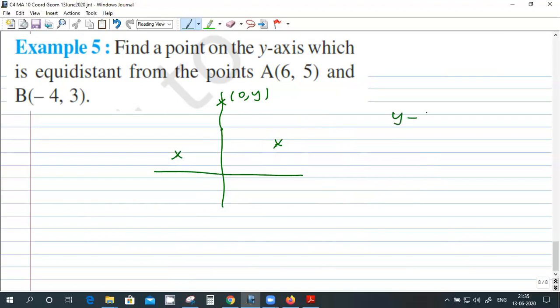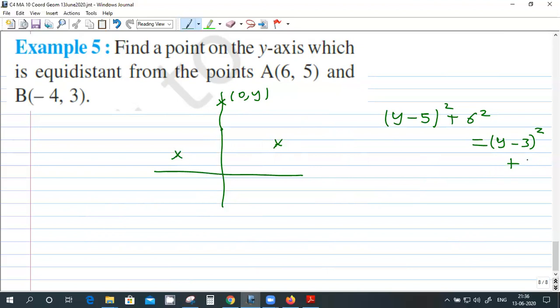So y minus 5 square plus 6 square equal to y minus 3 square. Shouldn't it be 0 into 6, like 0 minus 6?